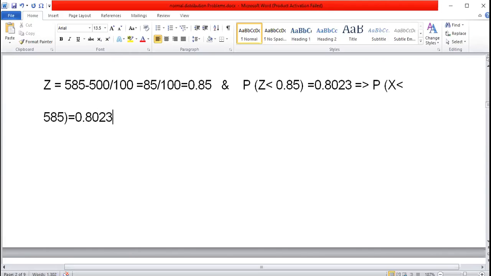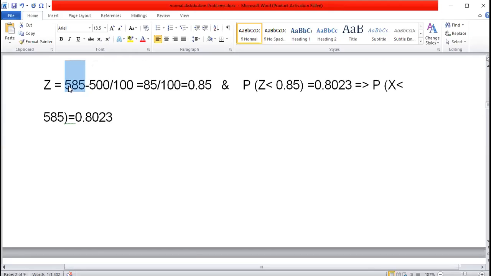We are going back to x now. You had this x value, 585. Why are we taking less than 585? I'm going to answer that question, but so far, is it right what we are doing? You had a 585 score for John.